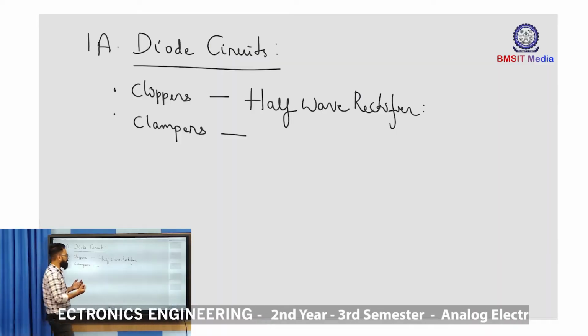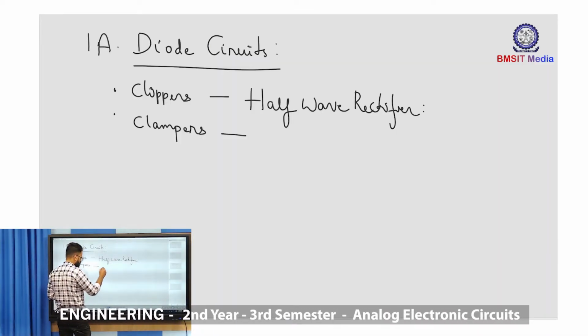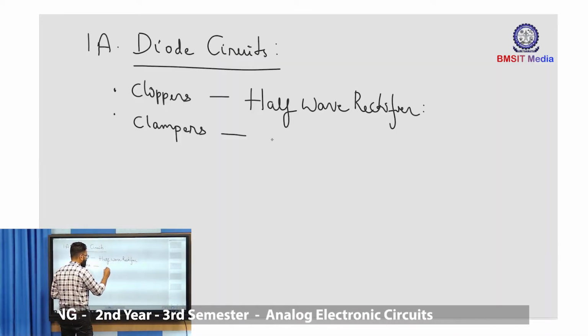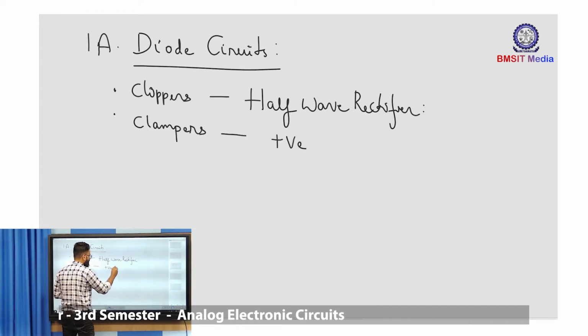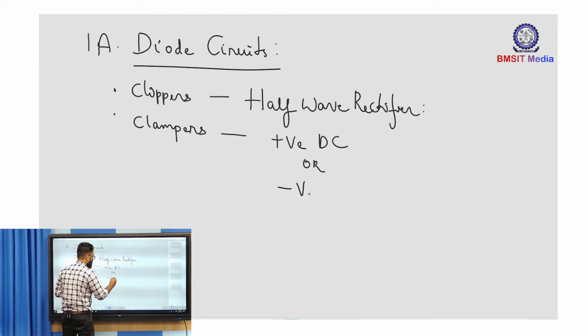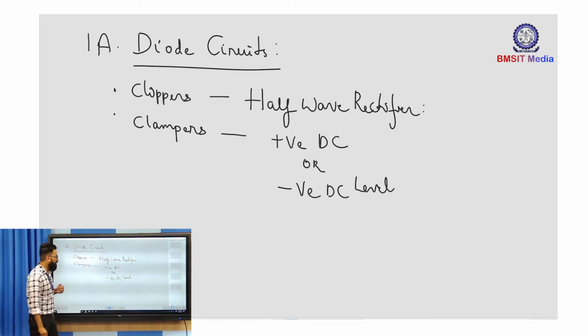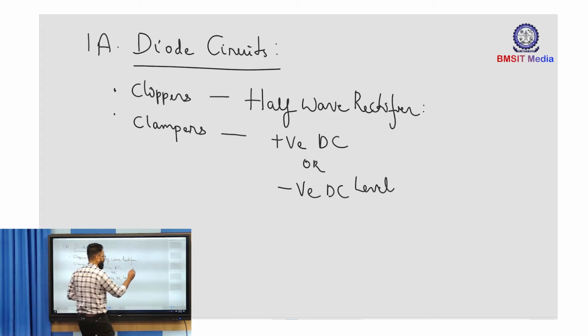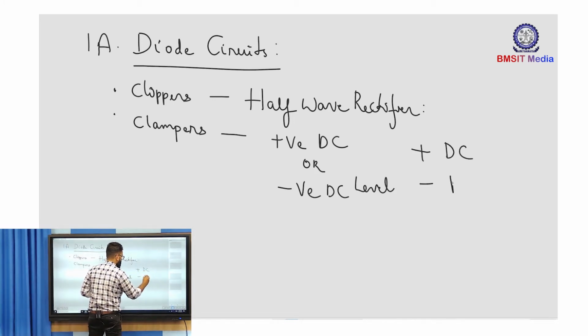Instead, it pushes the output either onto the positive DC level or onto the negative DC level. That means the DC level of the output waveform could be plus DC or minus DC.